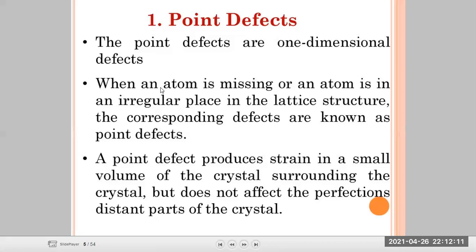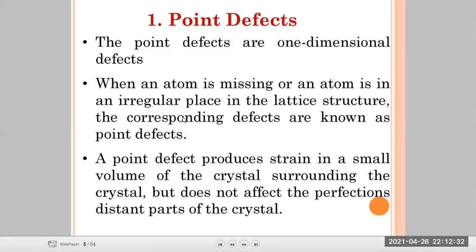The missing of the atom at a particular point, this irregular movement or missing of the atom in the lattice or crystal structure, is the meaning of point defect.